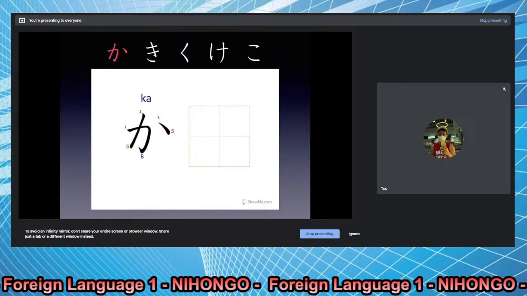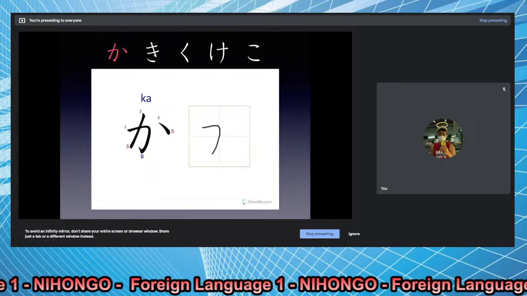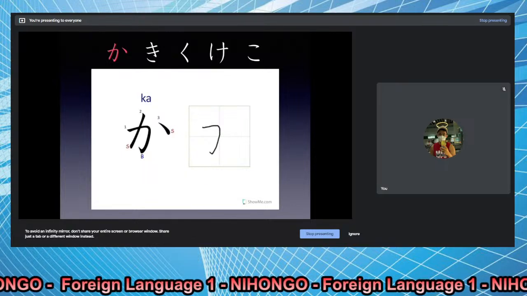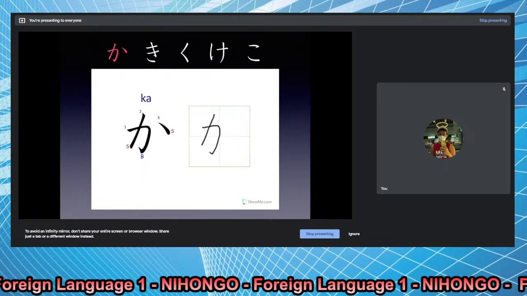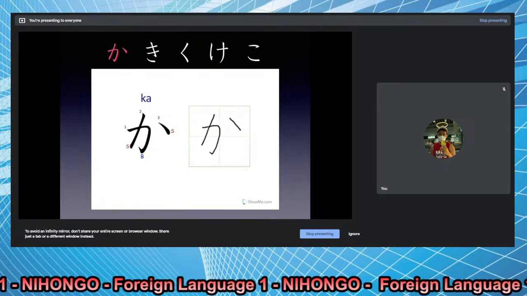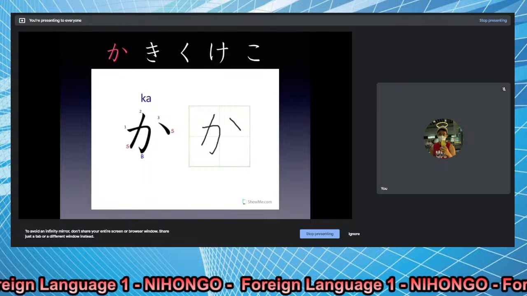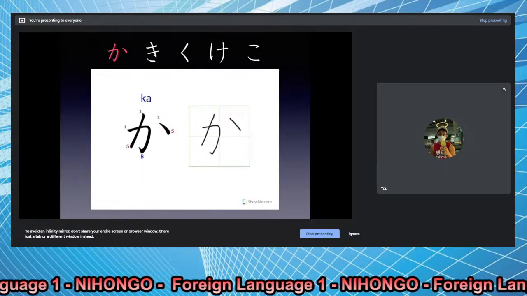Okay, the first letter is ka. 1. Brush up. 2. Stop. 3. Stop. Be sure to place stroke number 3 nicely over the right shoulder of stroke number 1.